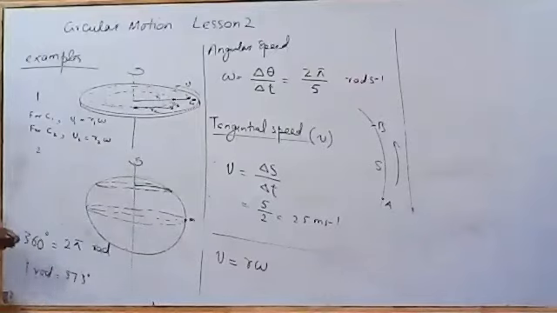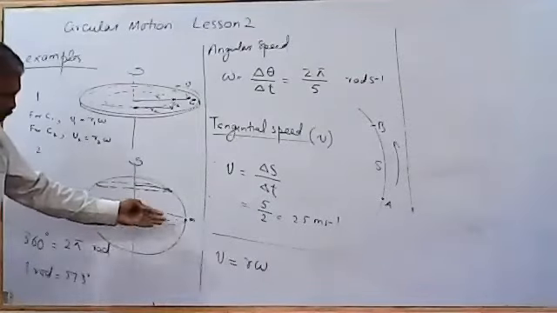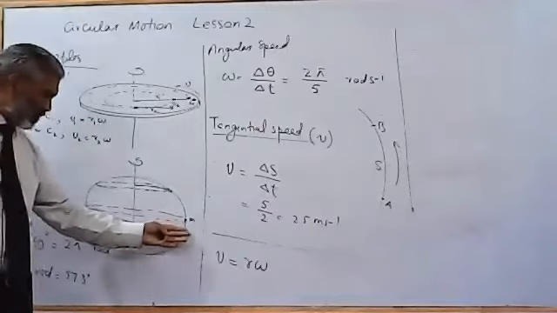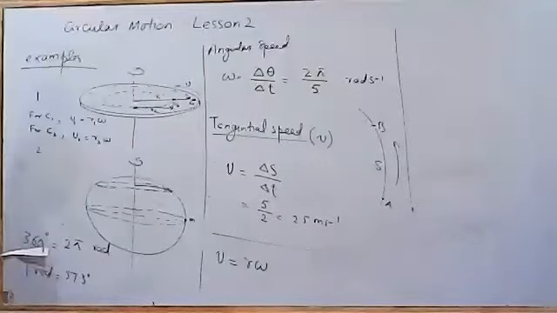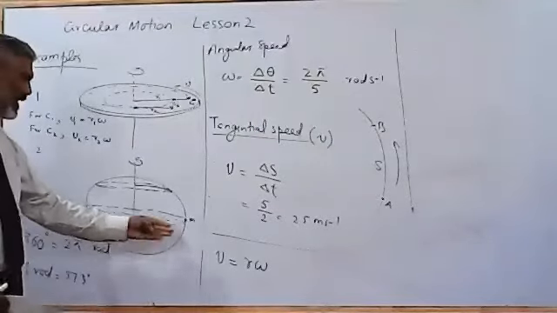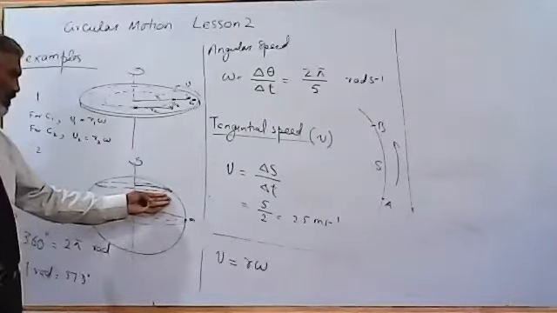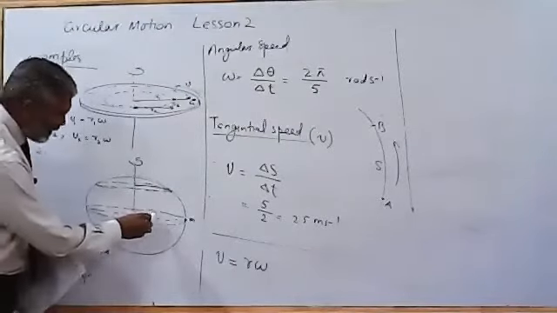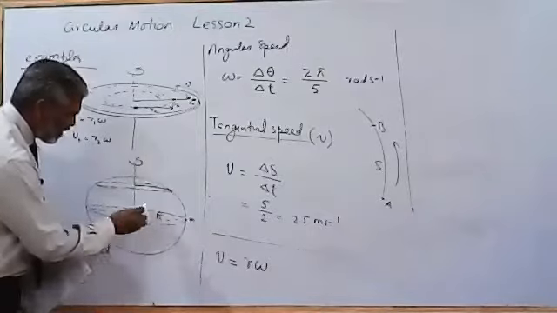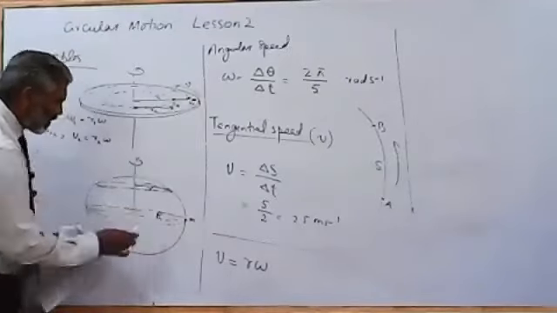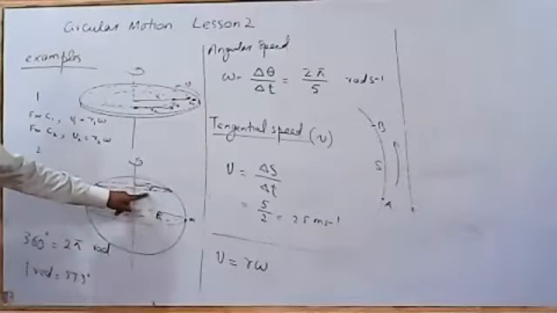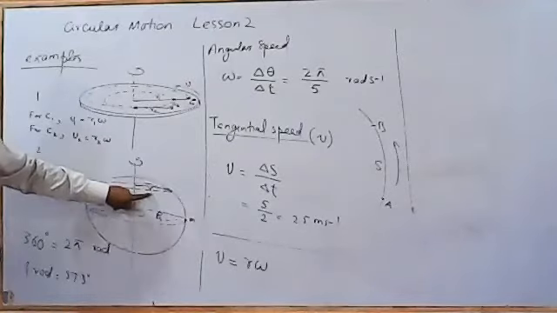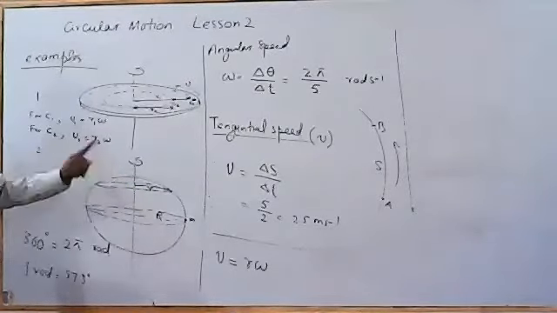Similarly, people are at different locations on the earth. If you are at the equator, your omega is same as anyone on any other position on the earth, but because the radius is different, let's say we label this as capital R and this as small r, an object or a person standing here at this position will have a smaller radius of its circular motion.